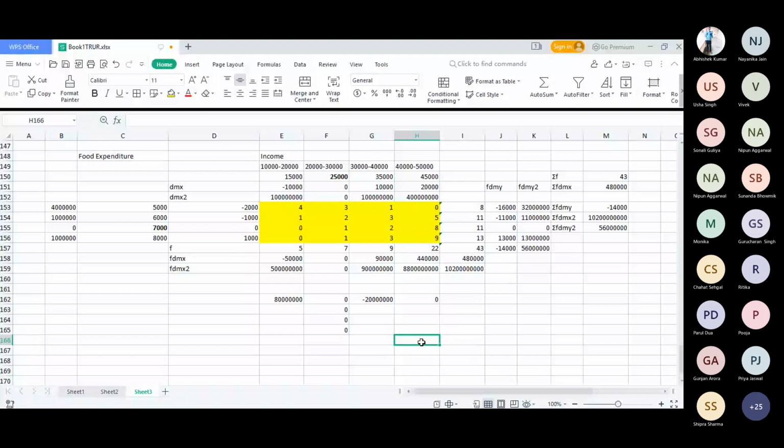That is the advantage of using the assumed mean method. All these four values become 0, because this one value dmx is 0. Similarly, for this dmx is 0 for all those values. So this is also 0. Then these four values were also 0.